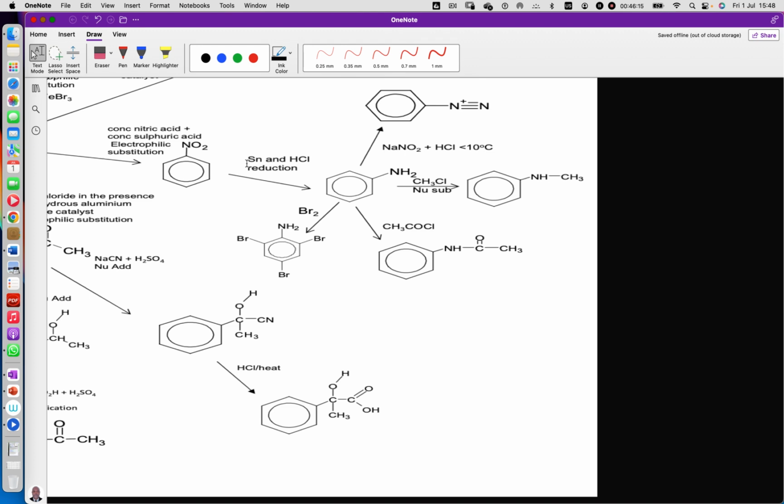And the reaction condition here is that we heat this reaction mixture, concentrated hydrochloric acid and tin with nitrobenzene, under reflux. And when we do that, we'll have our phenylamine. That is what is happening.